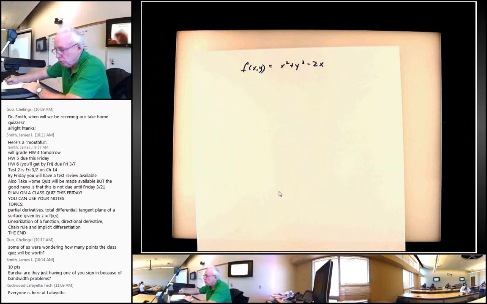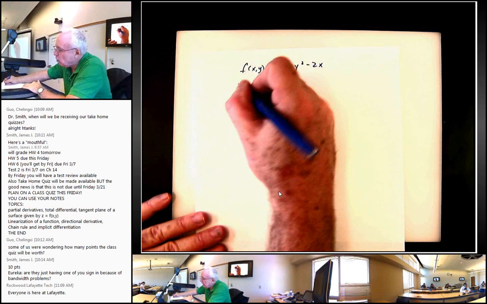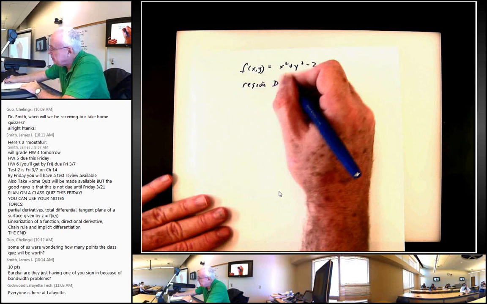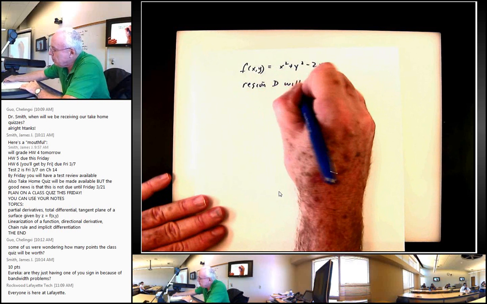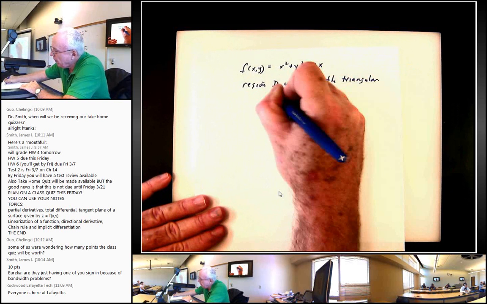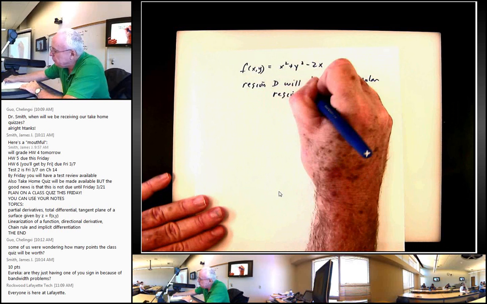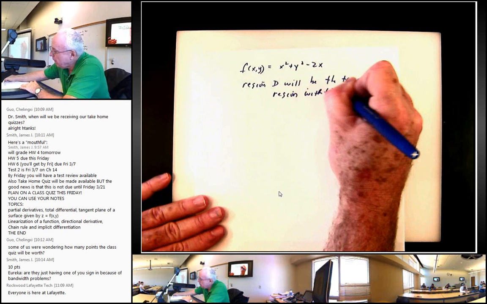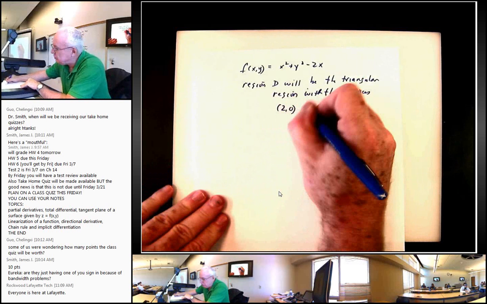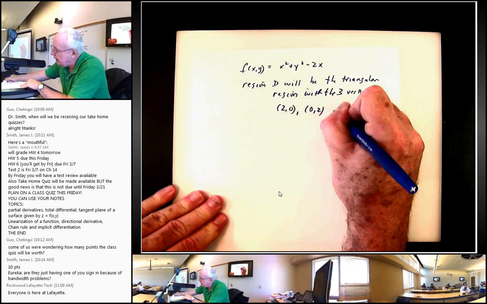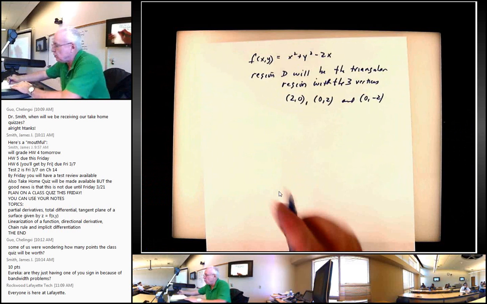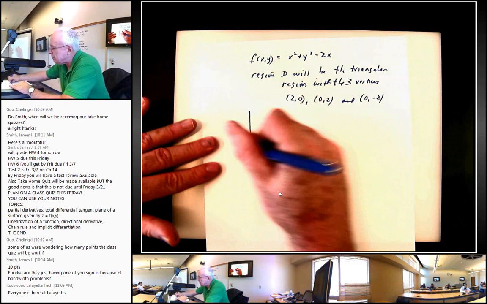And our region D will be a triangular region with the 3 vertices, (2, 0), I'll draw it in just a second, (0, 2), and (0, -2). So this is the area that we're looking at function values.